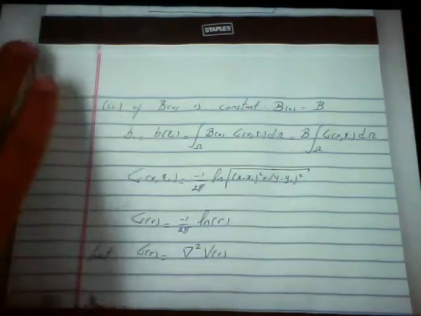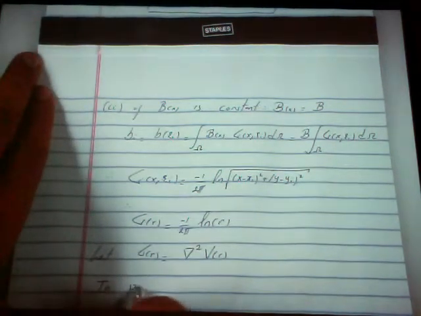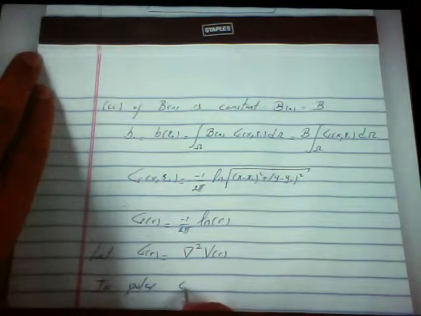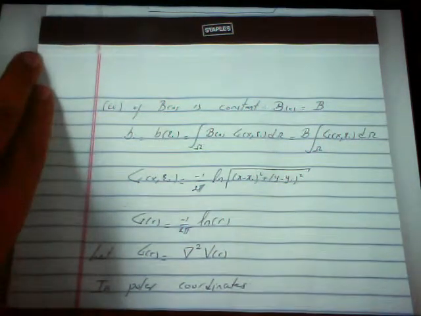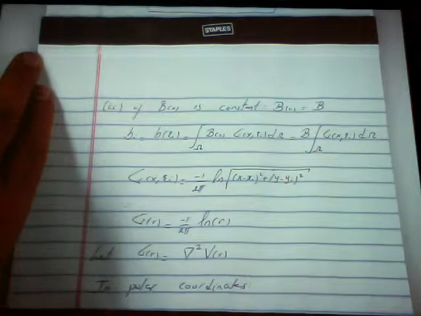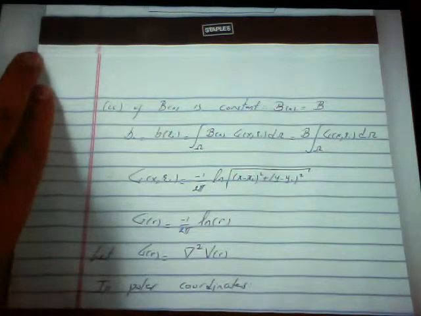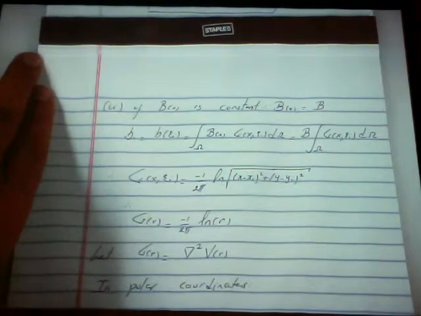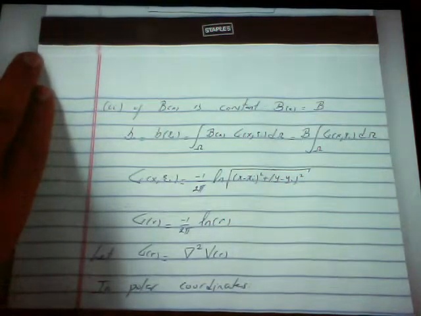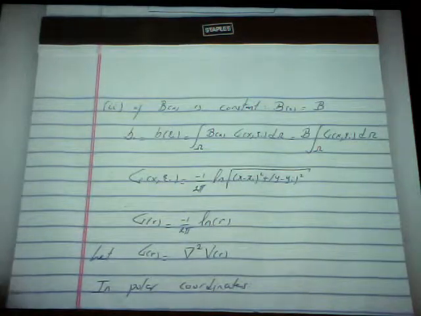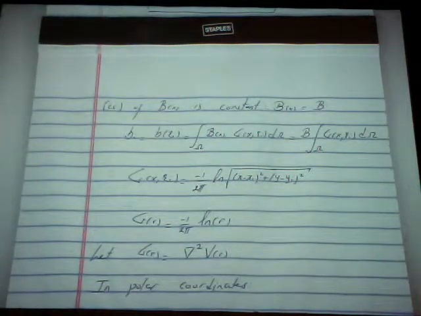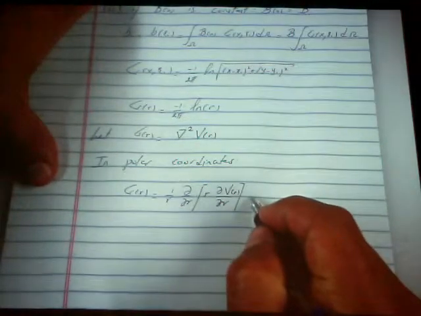So, in polar coordinates, G of R is equal to 1 over R d dr of R dV dr. That's the Laplacian in polar coordinates. I'm going to write the whole thing.